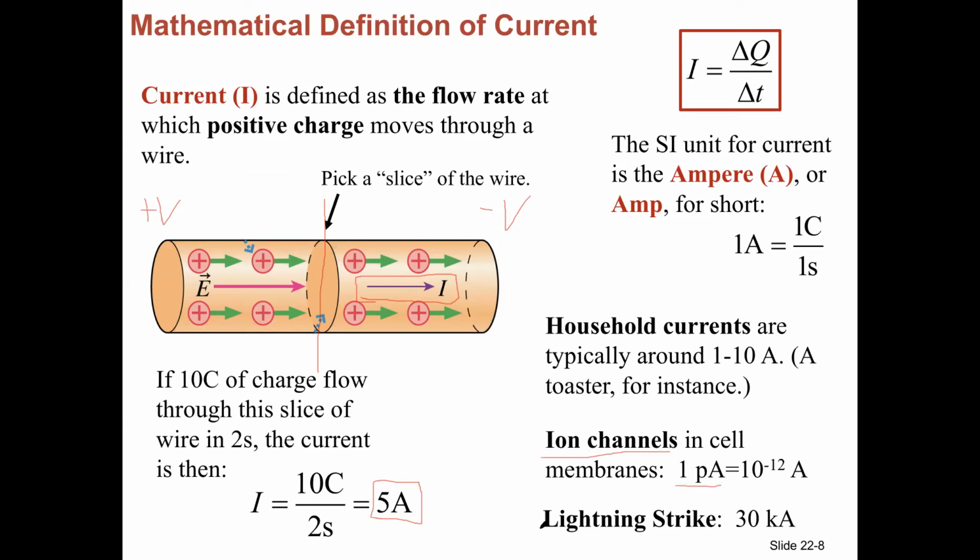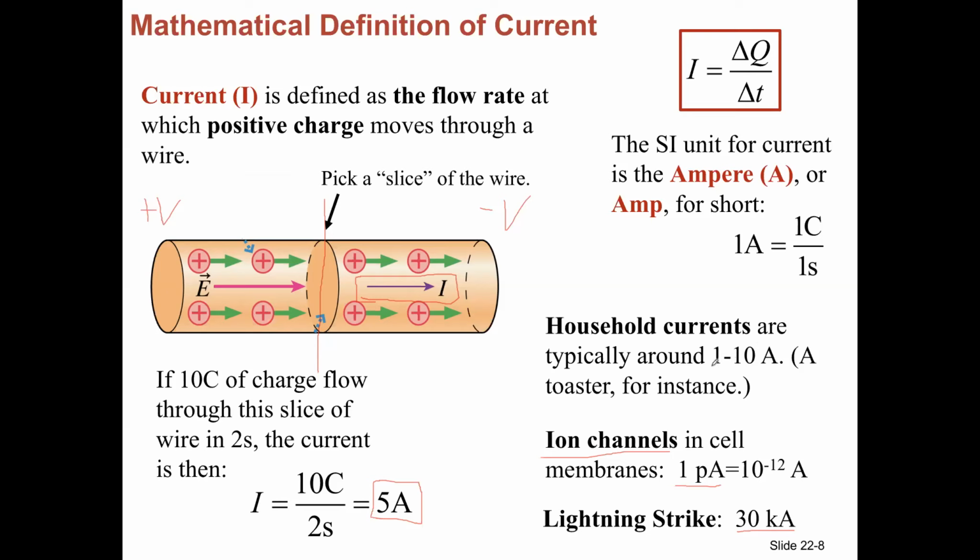On the other end of things, we could have a lightning strike, for instance a lightning strike that takes out electricity in an area and overloads the system. That would be something like 30,000 amps, 30,000 coulombs per second, or 30 kiloamps. So that gives you a range of what these currents mean.